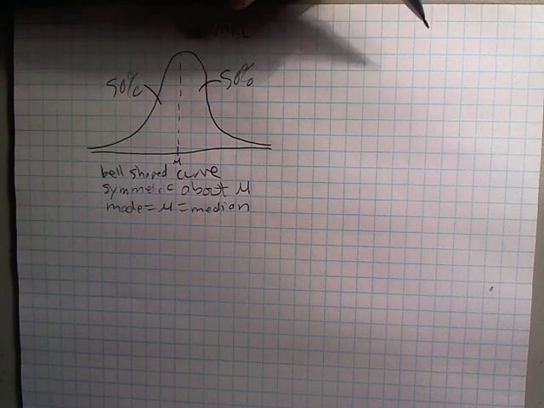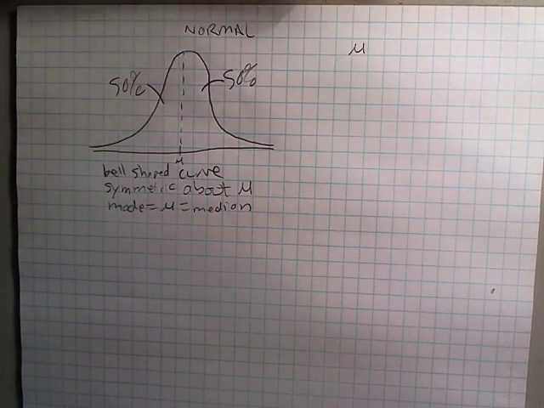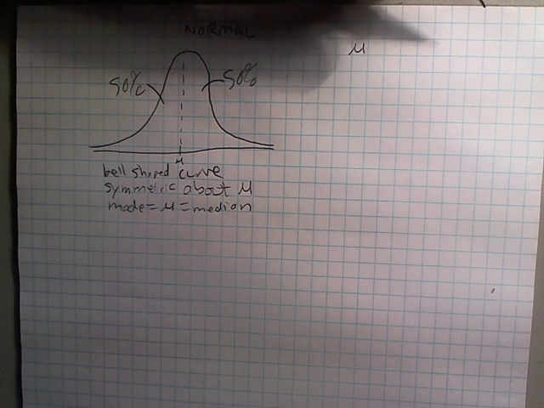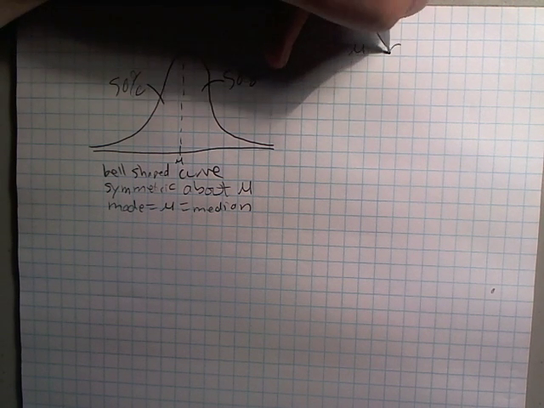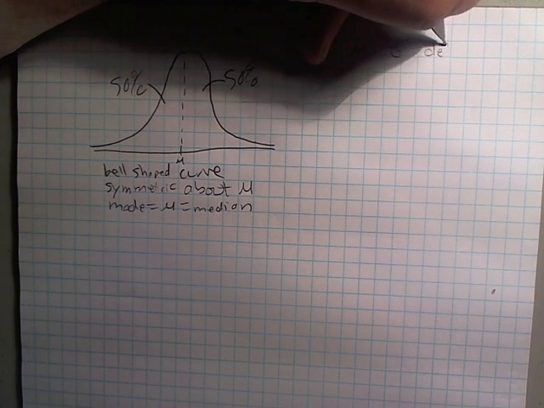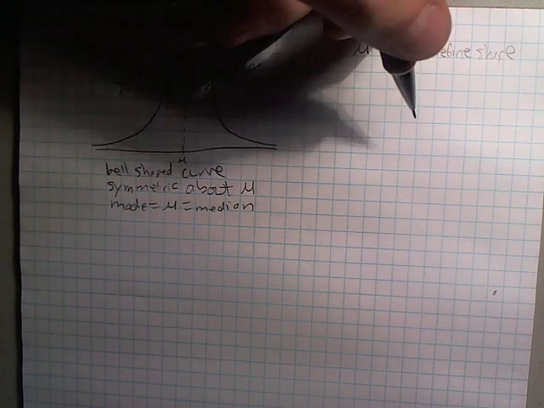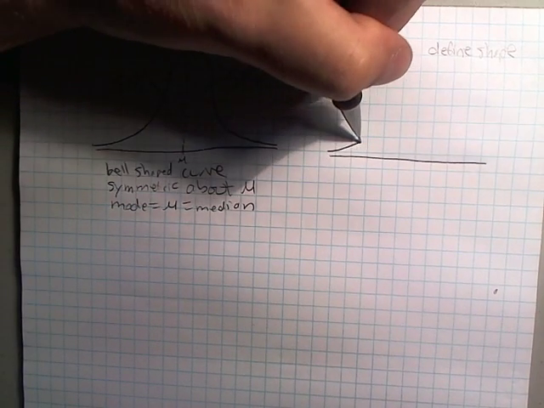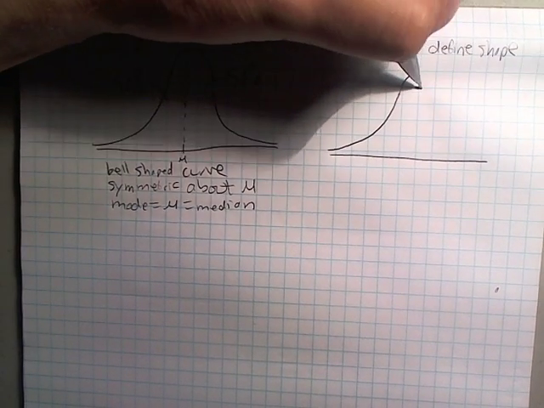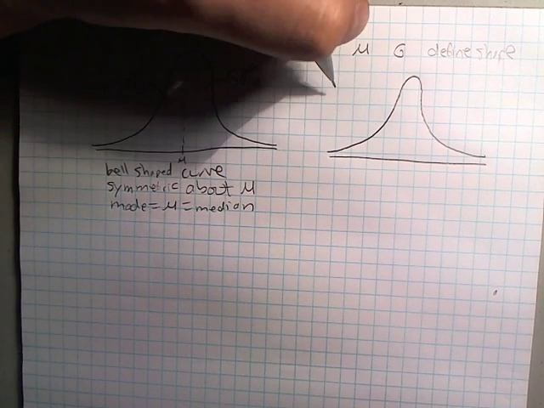And the shape of a normal distribution is determined by two characteristics of that distribution: the mean and the standard deviation define the shape of our normal curve. So in the case of a distribution with a relatively small standard deviation, it's going to look something like this.